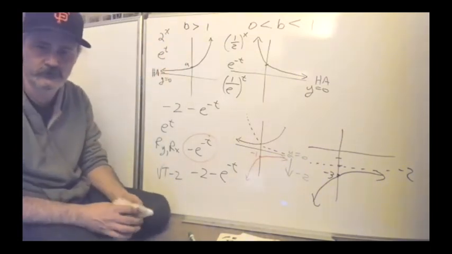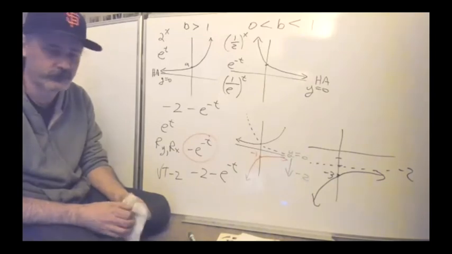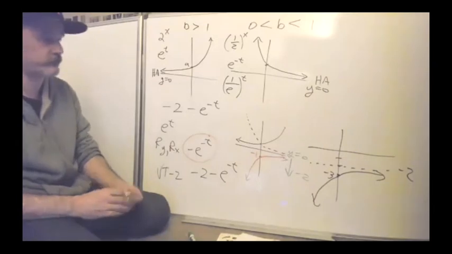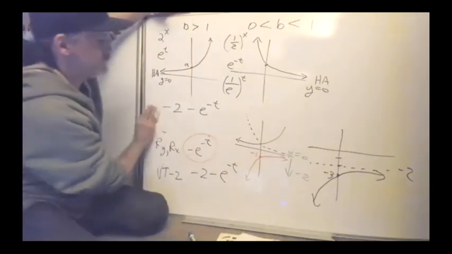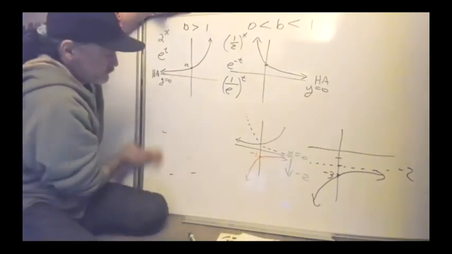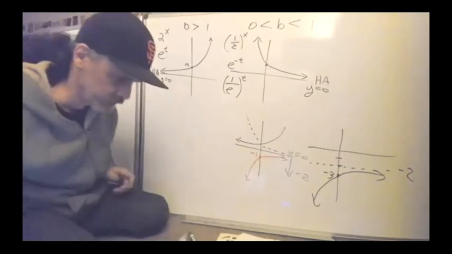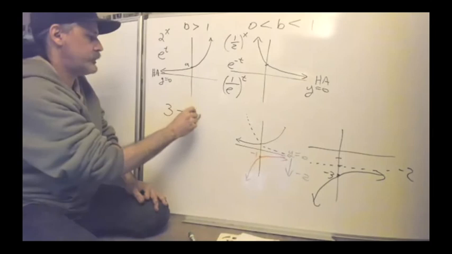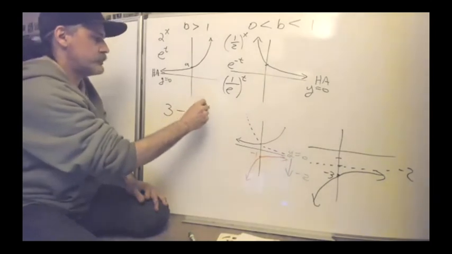That's cool. So let me now look at if we have something where we have a horizontal translation. Okay, so let's say we had 3 minus 10, and we'll just put x plus 1 there.